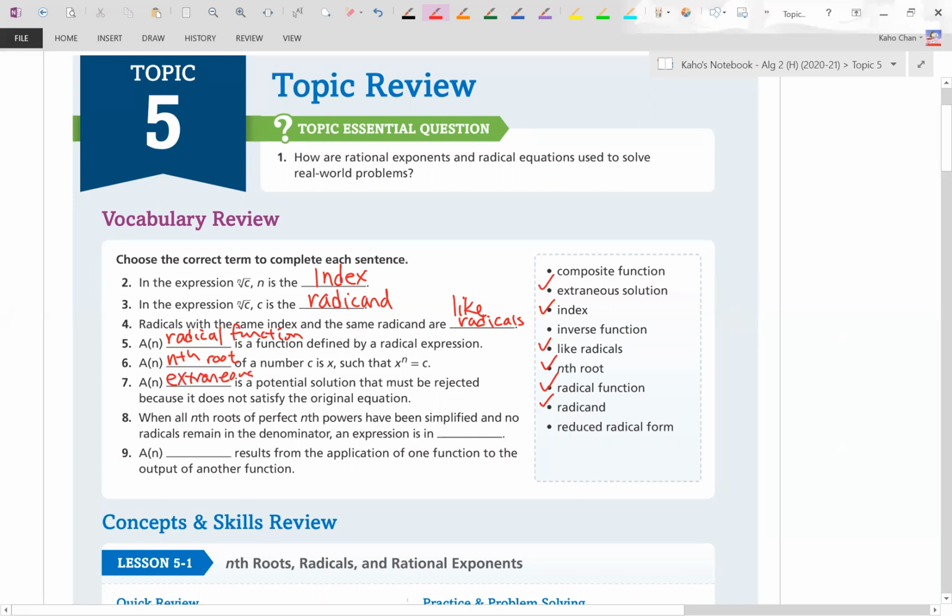For this particular chapter, it's because we cannot take the square or fourth or sixth root of a negative number, usually, or some other situation where it doesn't equal to each other. Number 8, when all nth roots of perfect nth powers have been simplified and no radicals remain in the denominator, an expression is in reduced radical form.